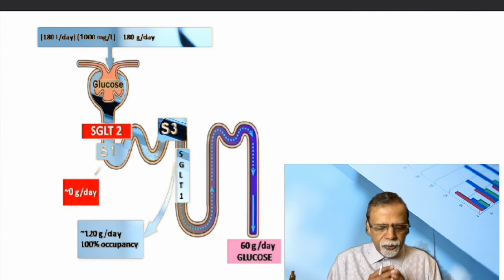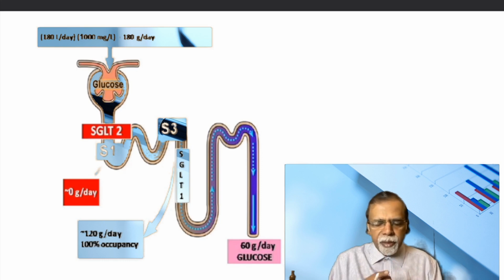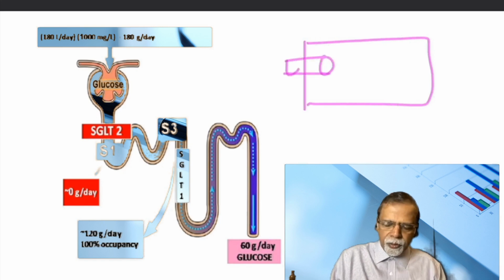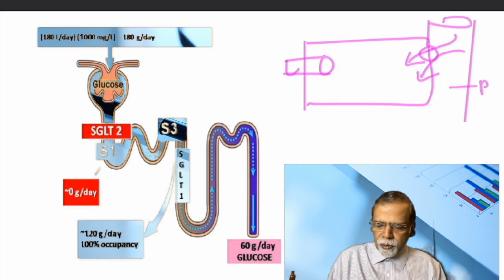SGLT2 is present in the renal tubules also for absorption. Again the same mechanism: the concentration gradient is maintained by the sodium-potassium pump because of the ATPase activity, and there is reabsorption of glucose from the luminal side, that is from the proximal convoluted tubule.